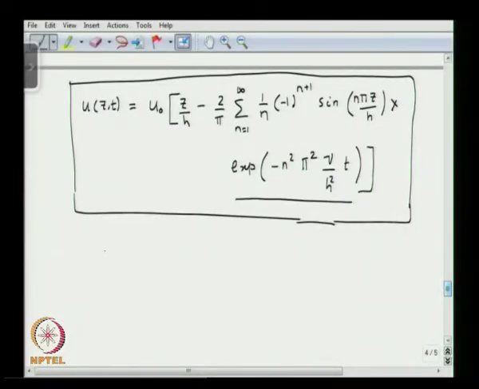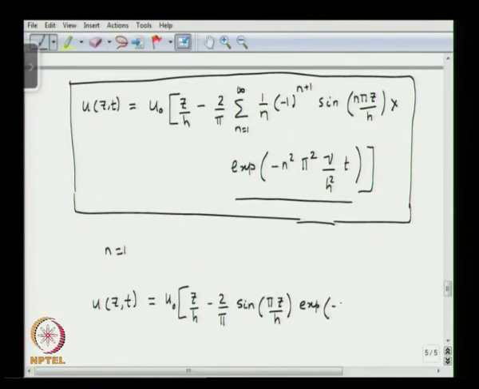So, if we put n equal to 1, then you can write u(z, t) will be equal to u0 into z over h minus 2 by pi into sin(pi z over h) into exponential of minus pi square into nu over h square into t.